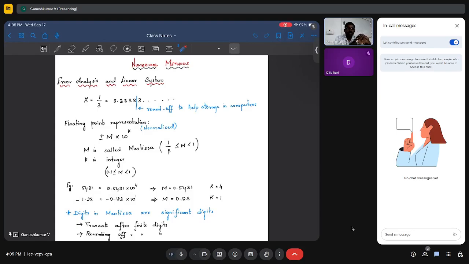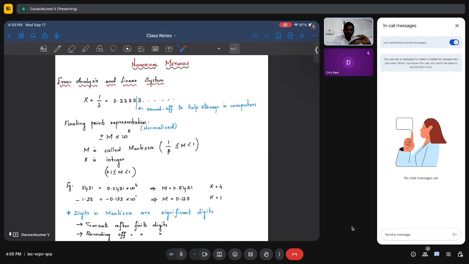In numerical methods, in real systems we see different physical systems which obey certain laws, and those laws can be expressed mathematically, but we won't be able to fully solve those mathematical equations because they are quite complex.